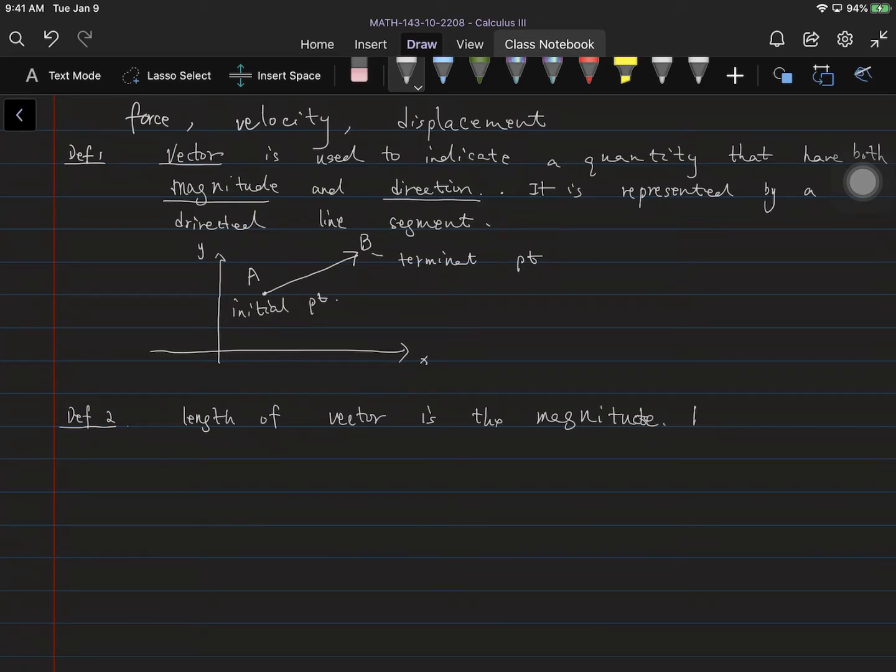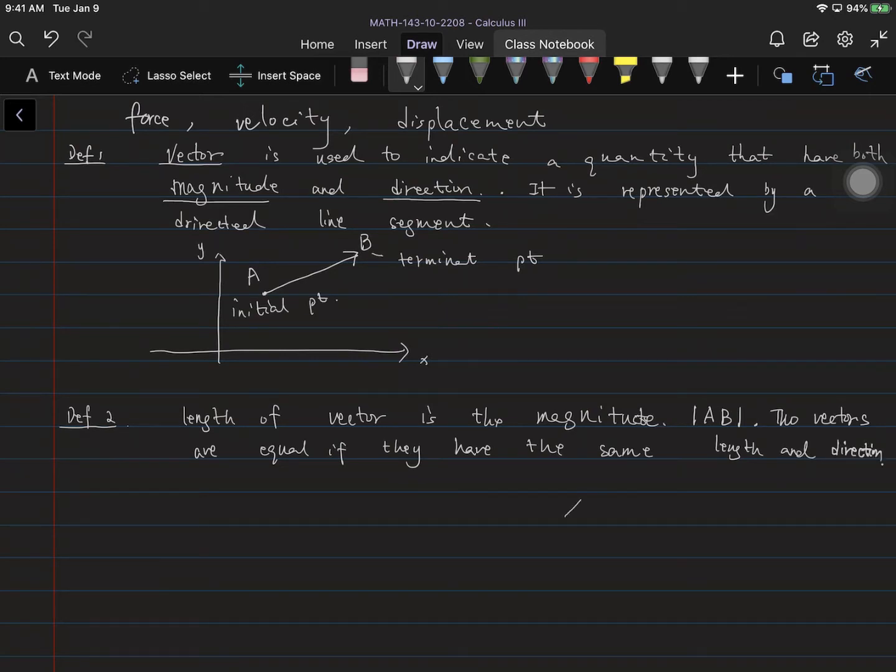It's represented by the absolute value notation around AB, and this means the length of the vector. And two vectors are equal if they have the same length and the same direction.